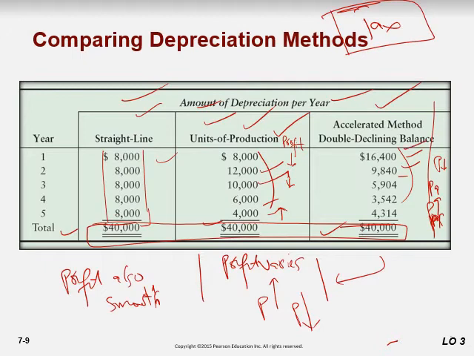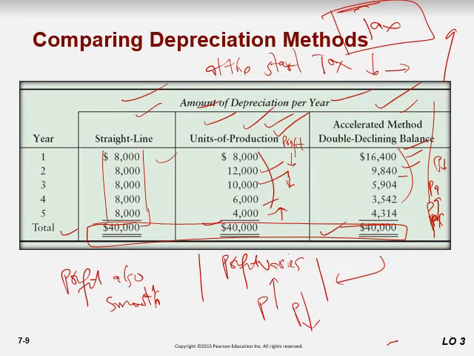So here, when you are using the unit of production and double declining balance methods, at the start tax is lower but gradually increases and is highest at the end of the useful life of the asset, right?